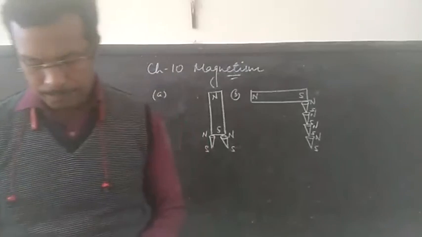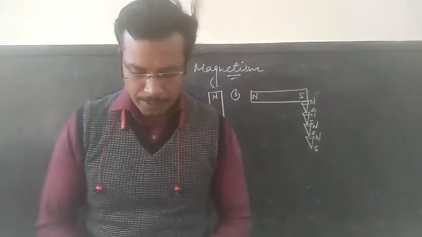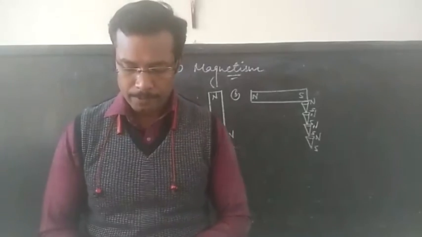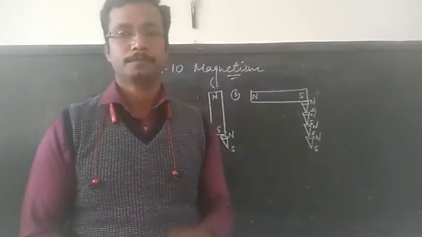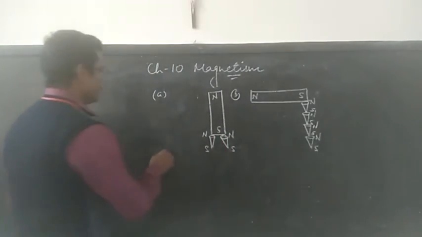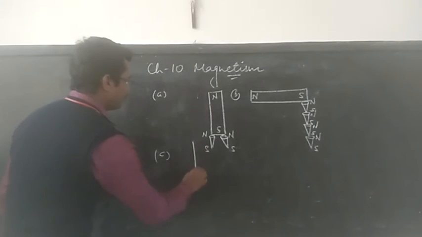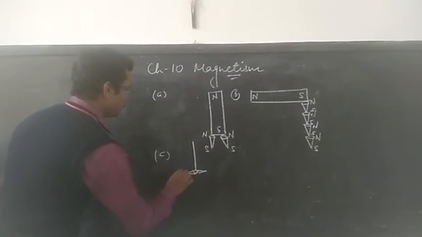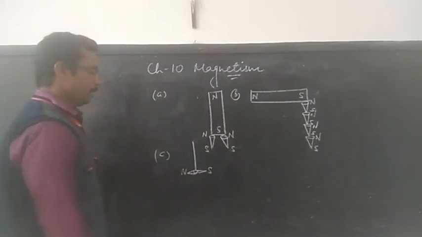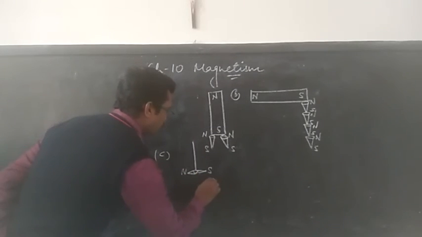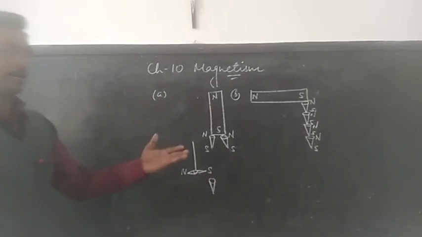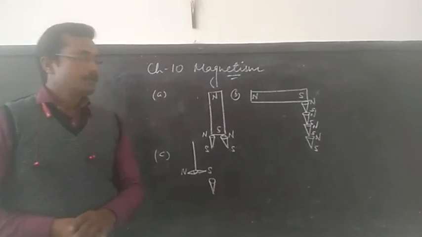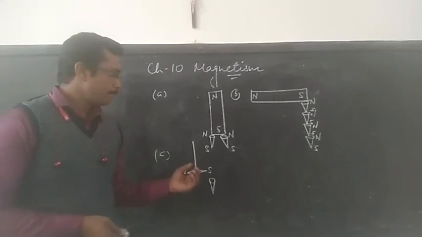Third is that the north end of a freely suspended magnetic needle gets attracted towards a piece of soft iron placed a little distance away from the needle. Let us try to understand. Say we have one freely suspended magnetic needle, with north and south pole, and an iron pin is placed some distance from the magnetic needle.